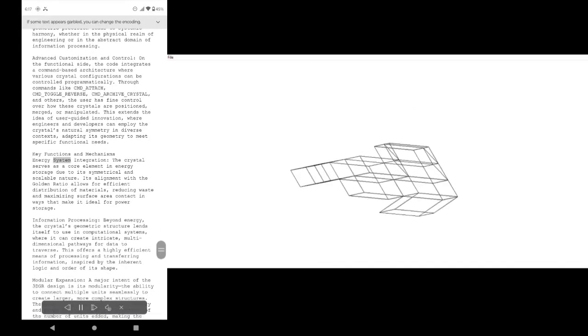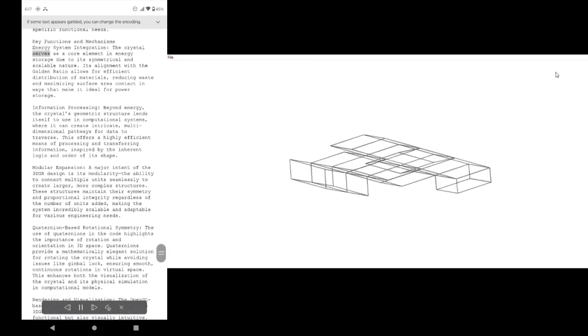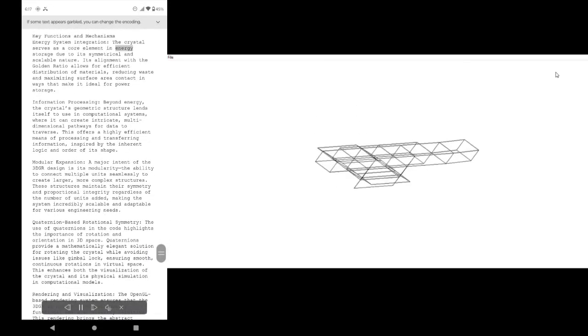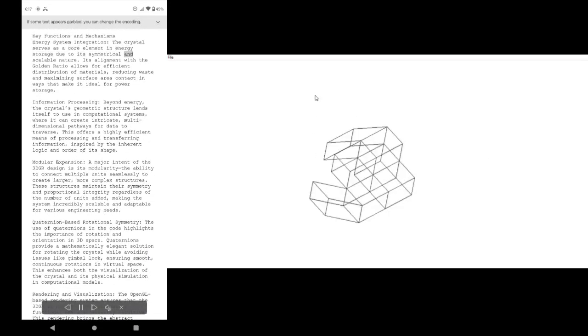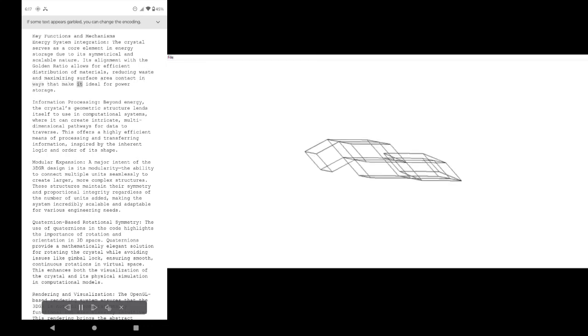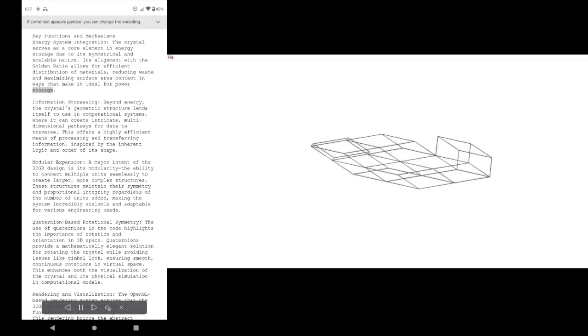Key functions and mechanisms. Energy system integration. The crystal serves as a core element in energy storage due to its symmetrical and scalable nature. Its alignment with the golden ratio allows for efficient distribution of materials, reducing waste and maximizing surface area contact in ways that make it ideal for power storage.